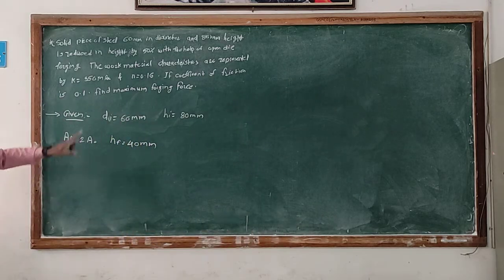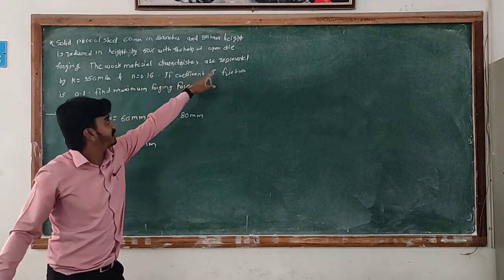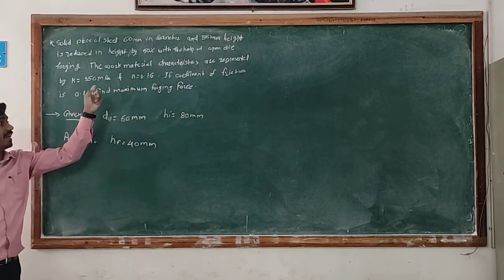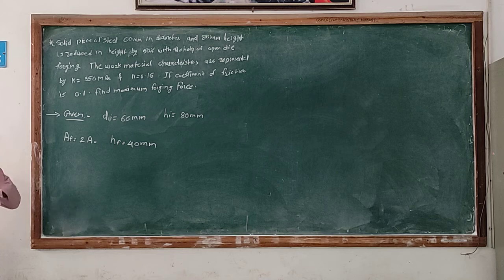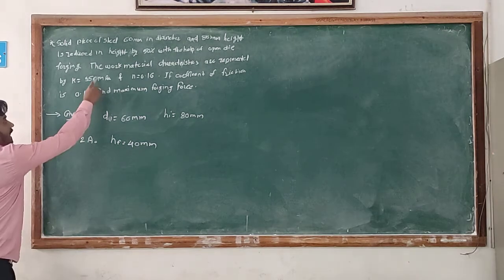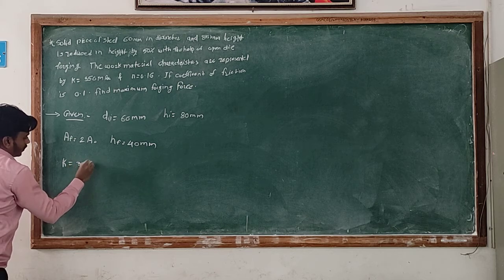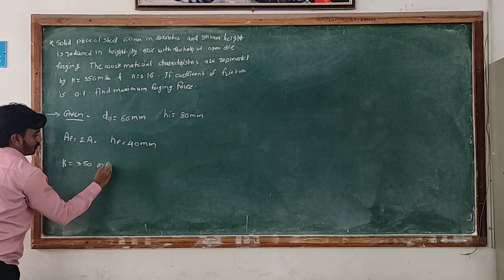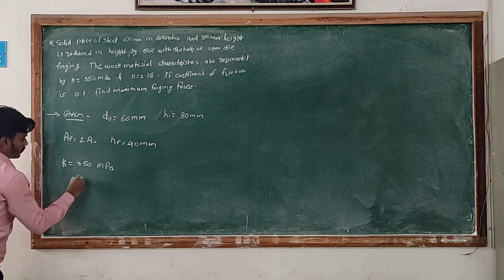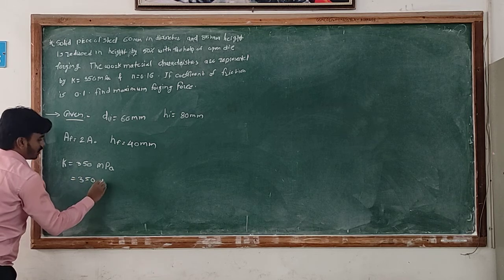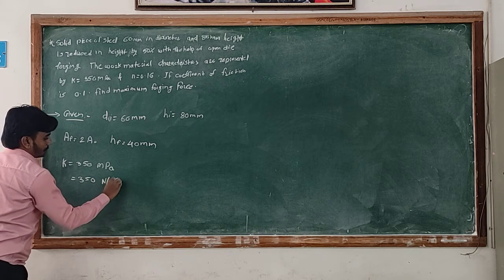Now what is given? The work material characteristics are given. K is equal to 350 MPa. If we convert into Newton per mm square, it is also 350 Newton per mm square.